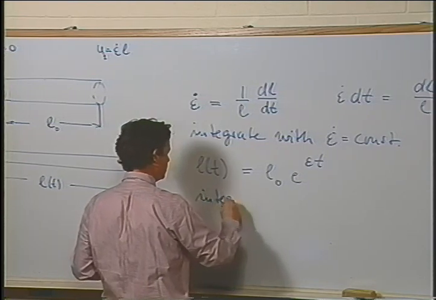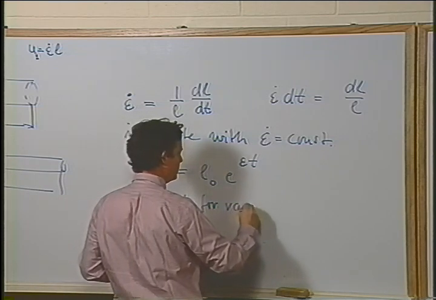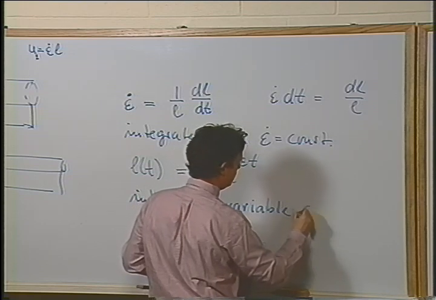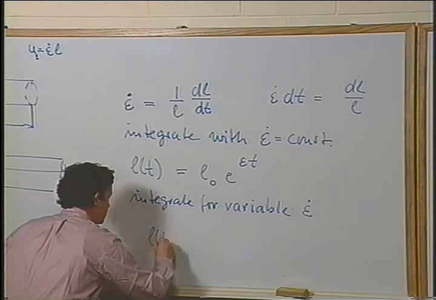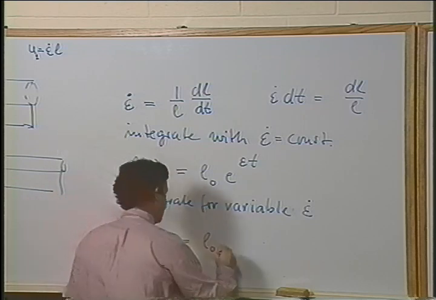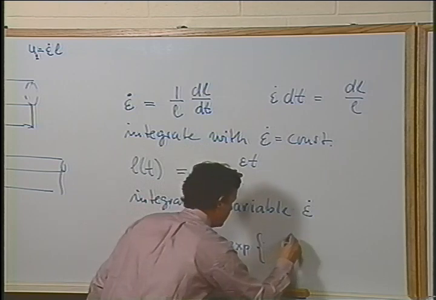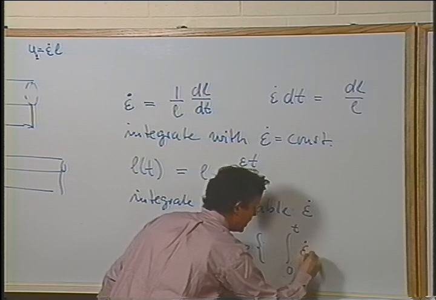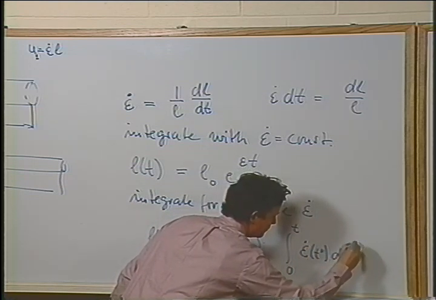So if you integrate for variable epsilon dot, then L of t is equal to L0 times the exponent of an integral from 0 to t of epsilon dot of t double prime dt double prime.